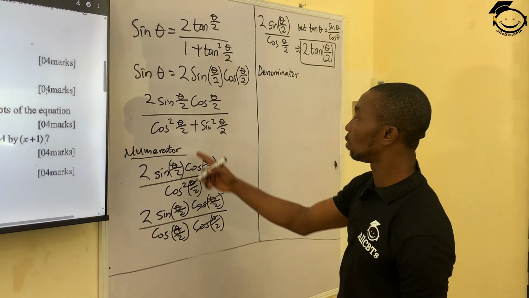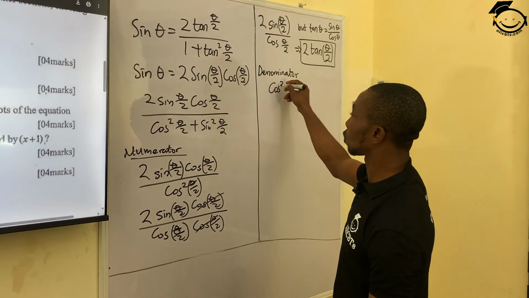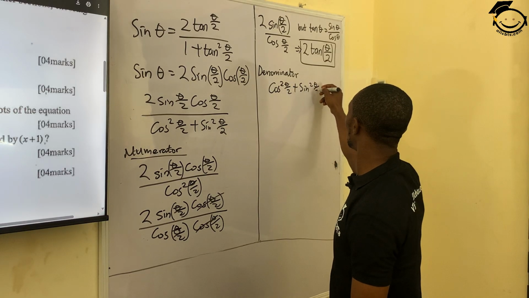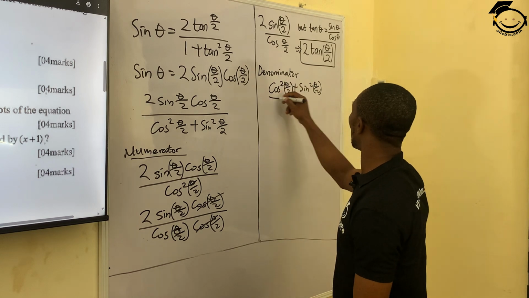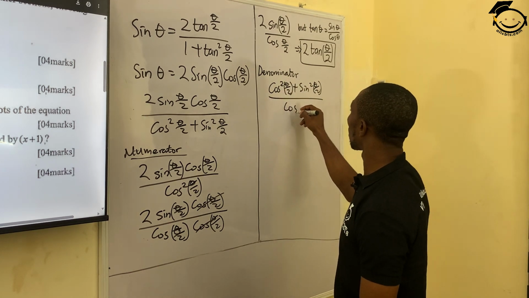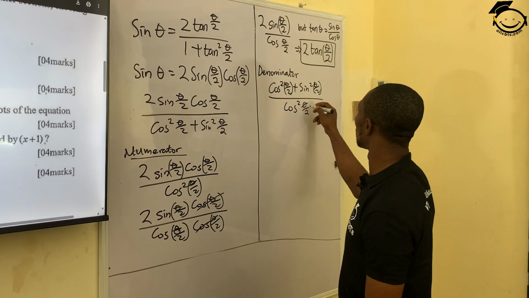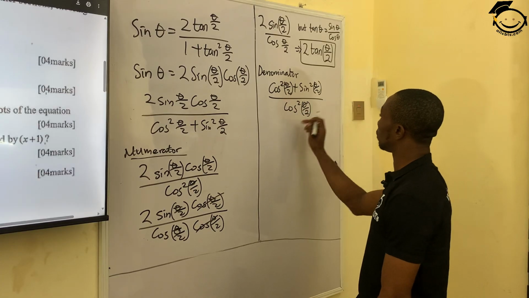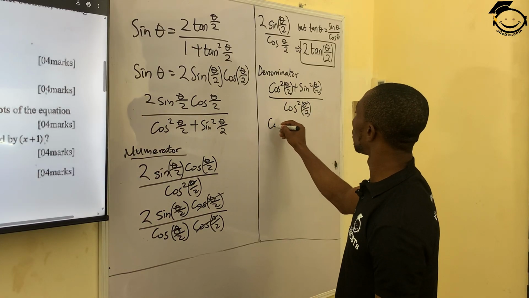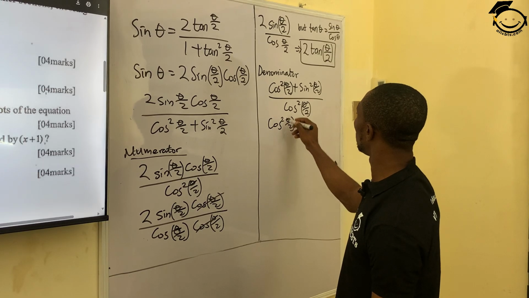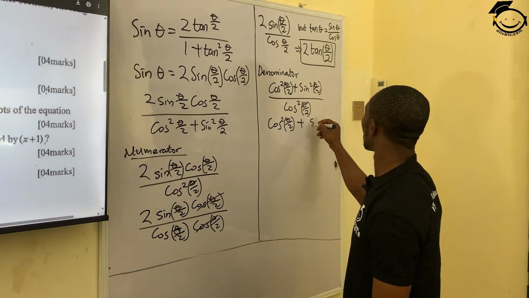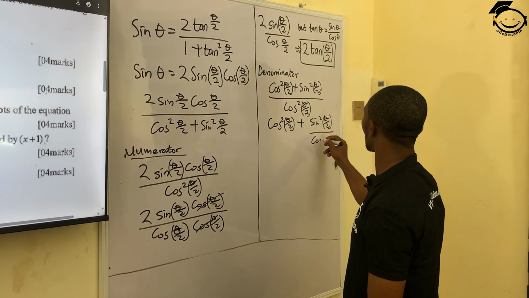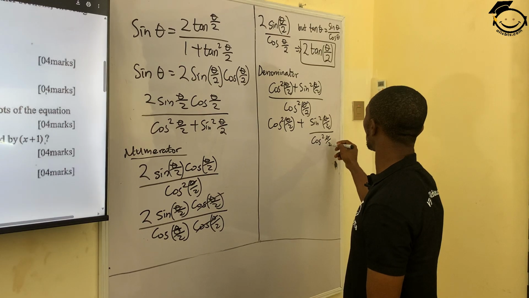For our denominator, we are having cos squared theta over 2 plus sine squared theta over 2 divided by cos squared theta over 2. Now, since this is an addition sign, we can separate this cos squared for both sides. This becomes cos squared theta over 2 over cos squared theta over 2 plus sine squared theta over 2 all over cos squared theta over 2.